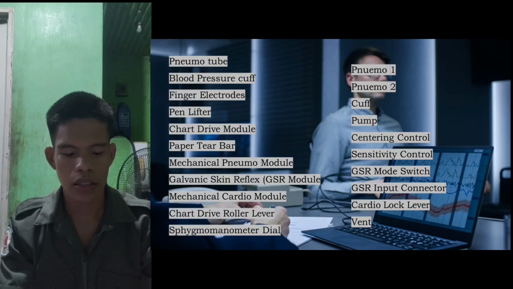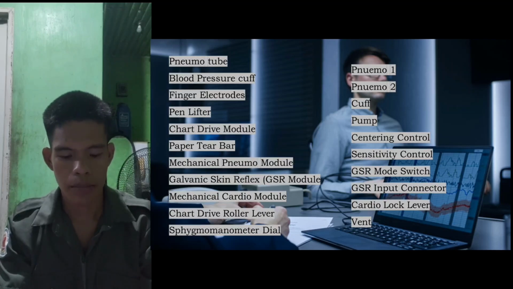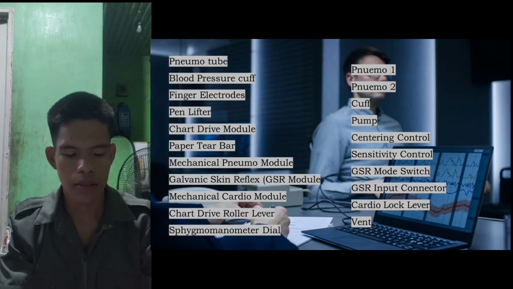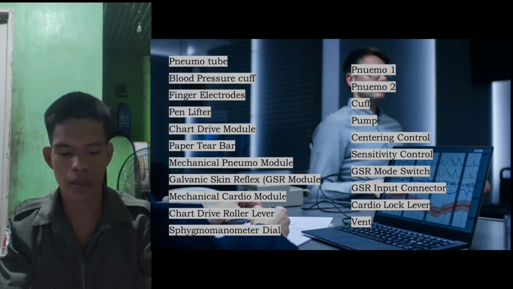Galvanic skin reflex or GSR module. Recording parts of GSR channel. Mechanical cardio module. Recording part of mechanical cardio channel. Chart drive roller lever. Lifts chart drive roller for paper change and chart removal. Sphygmomanometer dial reads operating pressure of cardio channel.